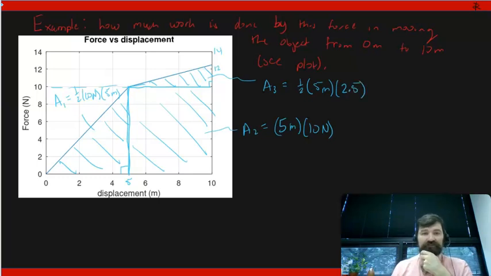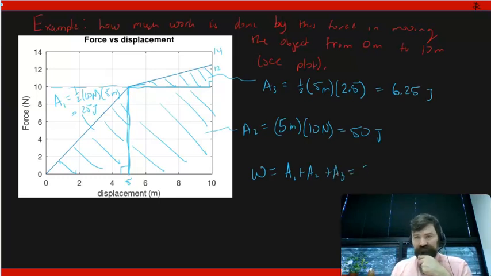If we solve for each of these, the first area, 1/2 times 10 times 5, is 25 joules. The second area is 50 joules. And the third area, 1/2 of 5 times 2.5, should be 6.25 joules. So our work done would be adding up all 3 of these areas, A1 plus A2 plus A3.